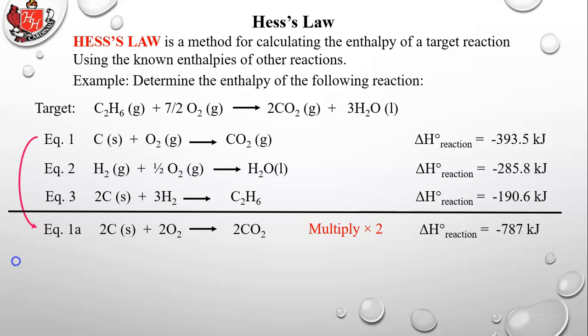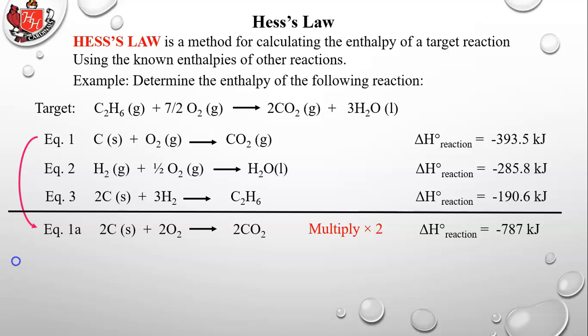First of all, you look for something in the target equation that only appears once in any of the 3 equations below, if possible. And what we see is that CO2 appears in the target. It's on the right side of the arrow, and there are 2 moles of CO2 up in the target equation. We look at the only equation of the 3 down below that has CO2, and we see it has only 1 mole of CO2.